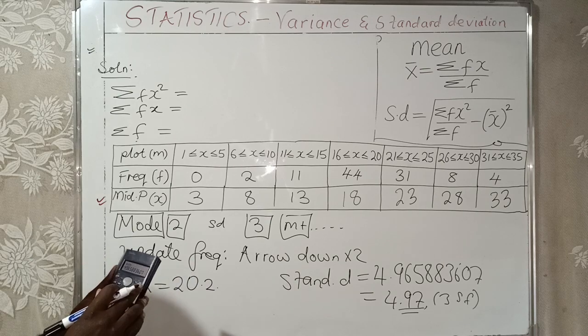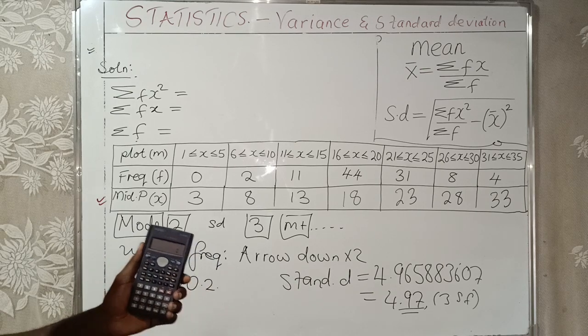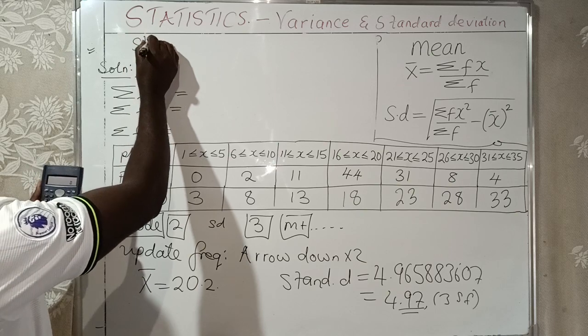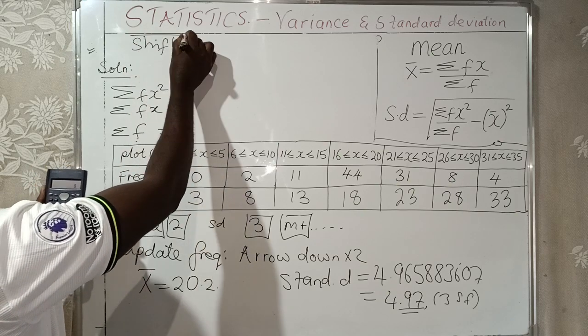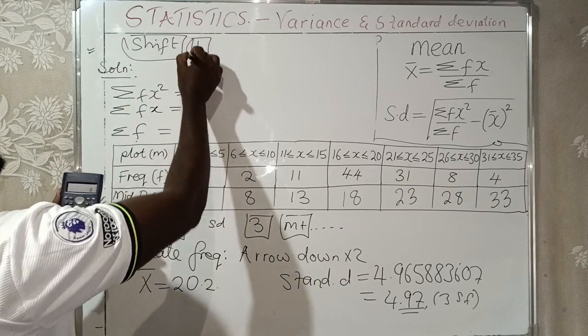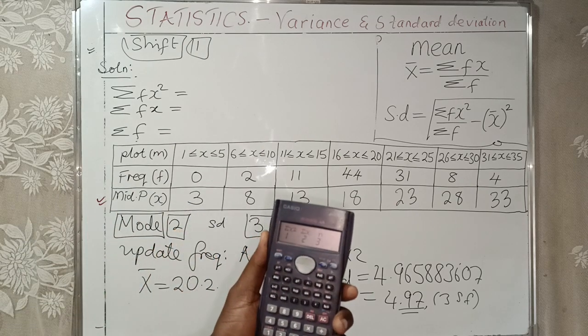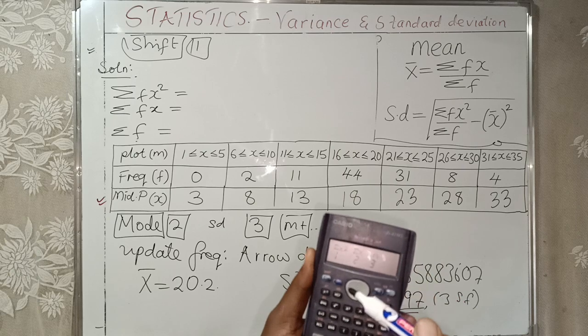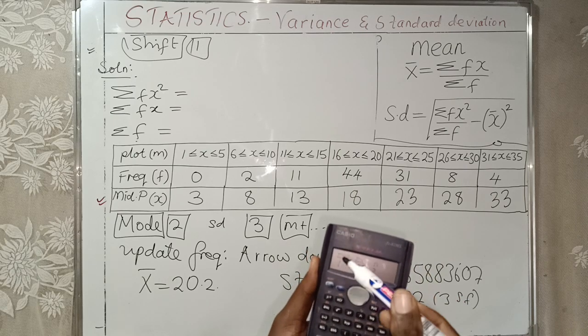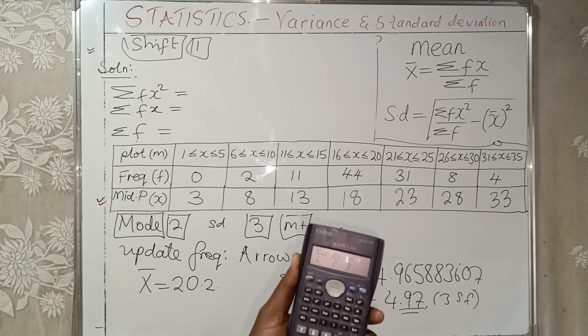So now, the way you get your summations, you clear your calculator. Then this time you say shift 1. So when you say shift 1, you'll be able to see this display on your calculator.